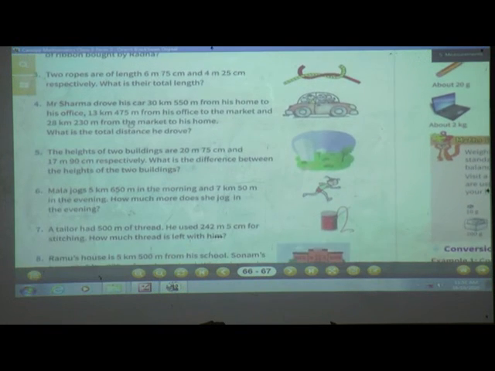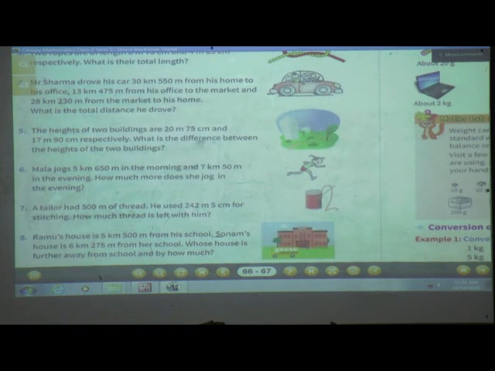Now we'll move to the next example, that is fifth number. The heights of two buildings are 20 meter 75 centimeter and 17 meter 90 centimeter respectively.